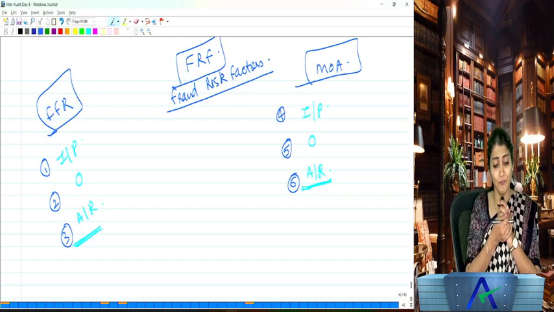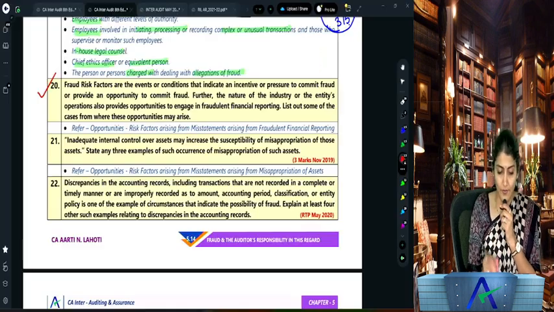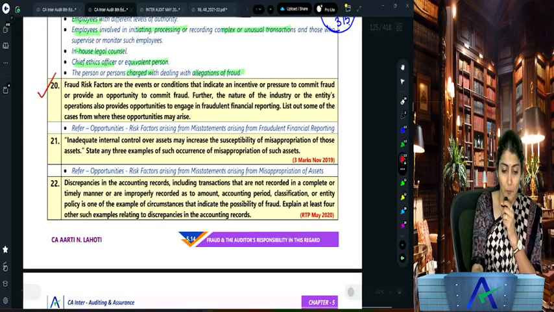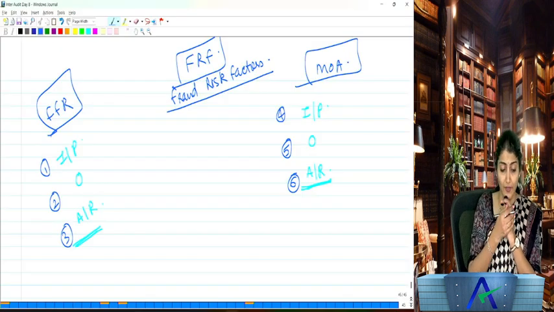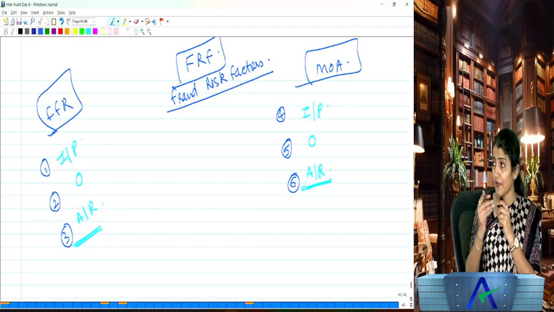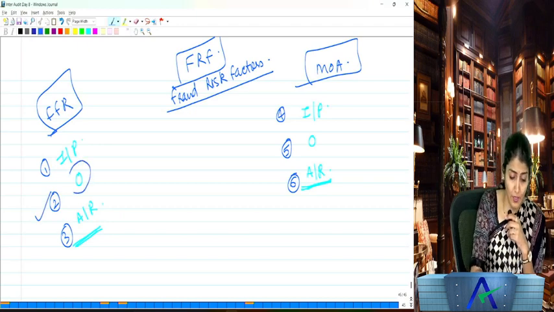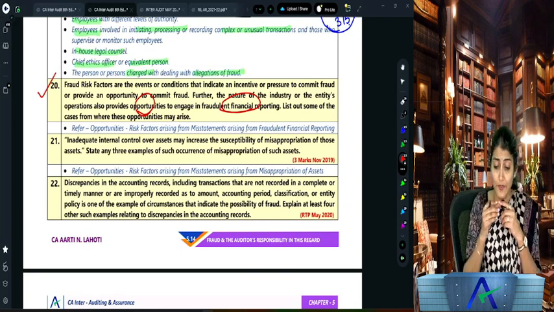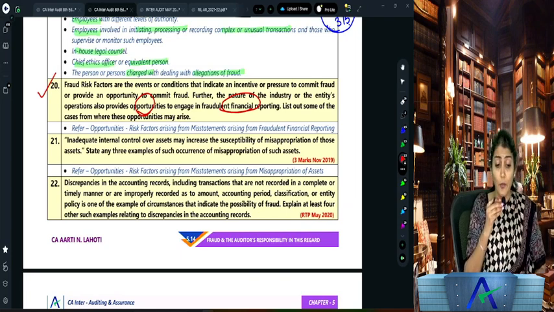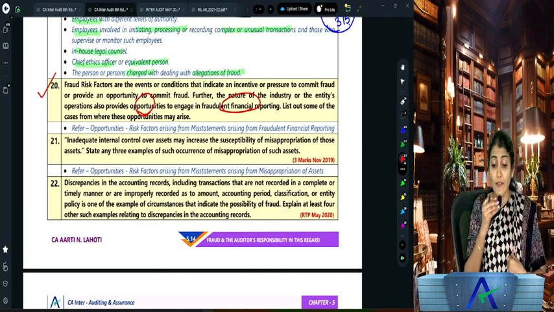What is the question? Read this question. Opportunities for fraudulent financial reporting. Which is the question out of 1, 2, 3, 4, 5, 6? It is the 2, right? Then the next question: inadequate internal controls over assets may increase the susceptibility of misappropriation of those assets.